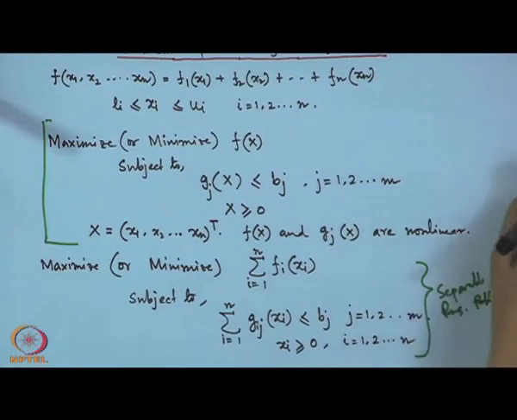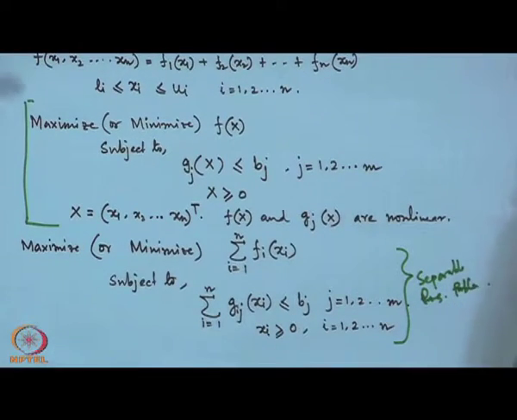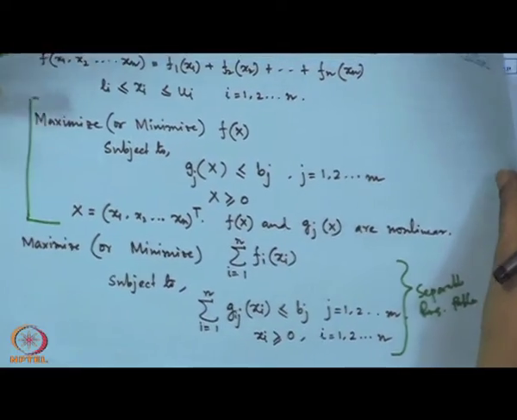One is when a function is said to be separable, or how a function can be expressed in separable form if it is possible. The second is how a nonlinear function can be expressed as a combination of linear functions. Let me detail both things one by one.